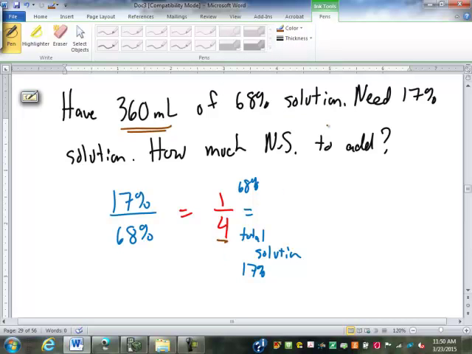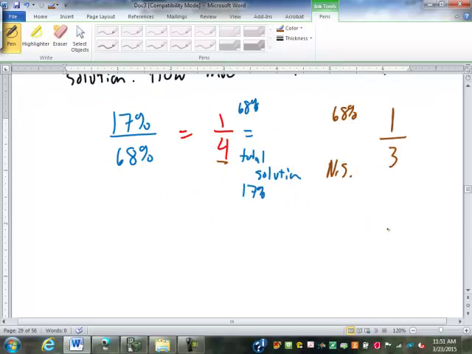We want to know how much water to add to that 360 milliliters of the 68%. So we still want the 68% solution, but we want to know how much water to add to that. So if it's a 1 to 4 ratio of 68% to total solution, there's still one part of the 68%, but out of the 4 total, the other 3, 4 minus 1, gives us 3 parts of sterile water that is added to it. So we have a 1 in 3 ratio.